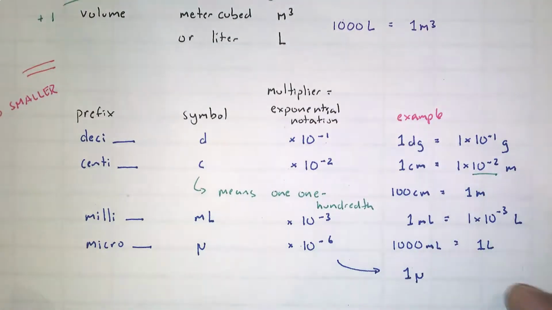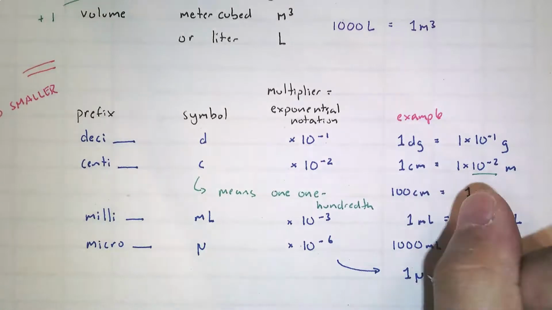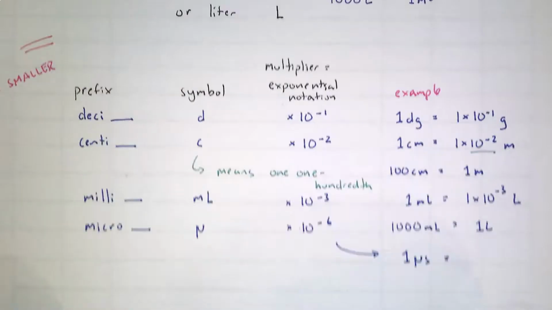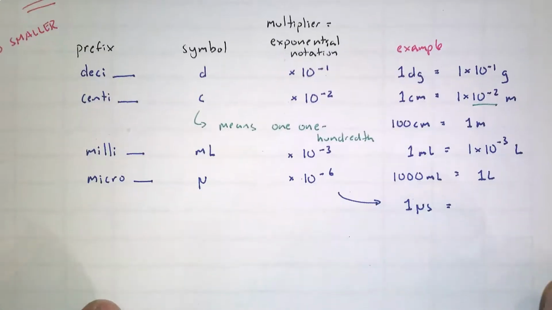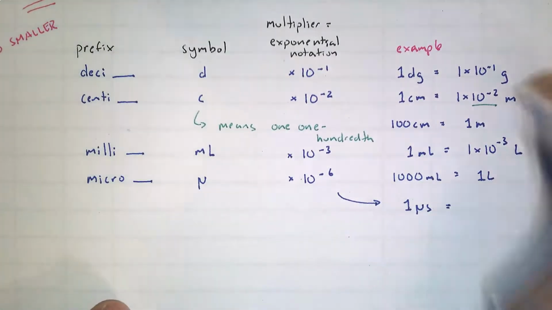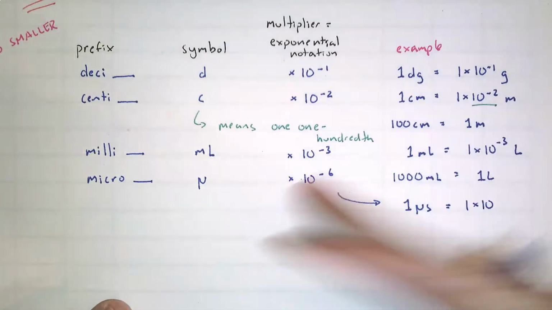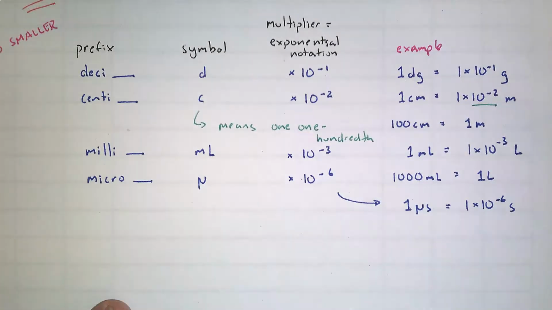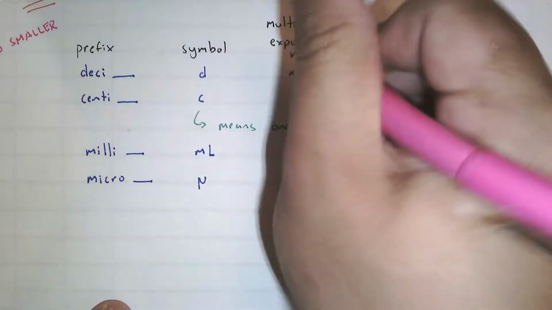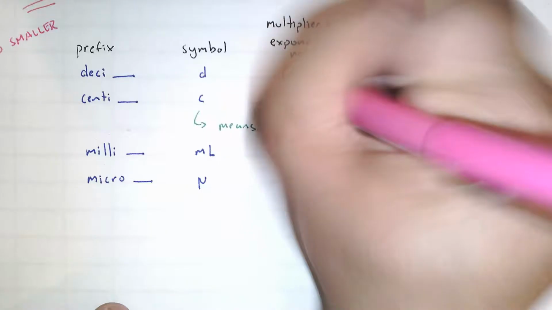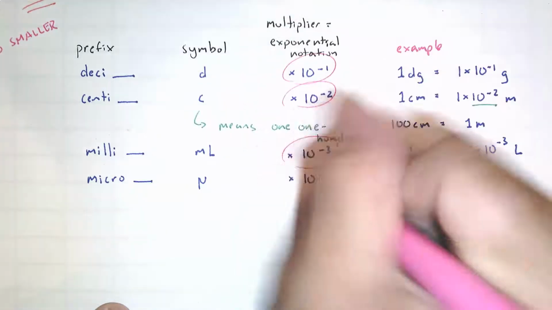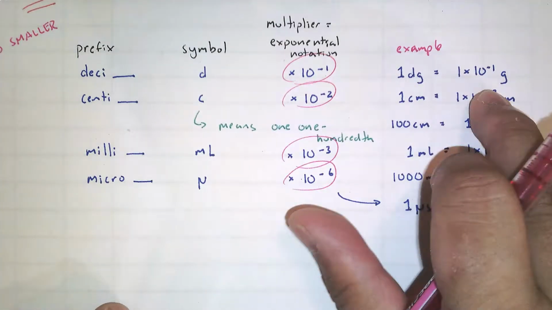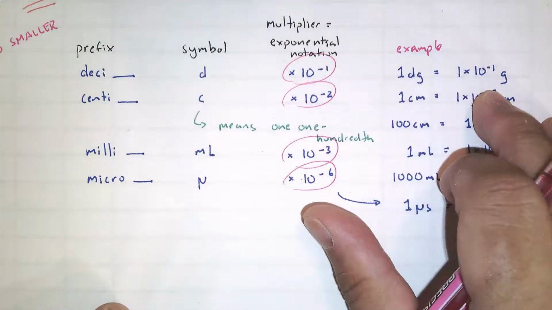What could we use? We haven't used seconds yet. Microseconds equals. So again, how would you apply the prefix multiplier? 1 times 10 to the minus 6 seconds. So let me circle some of these just to emphasize how we use the multiplier. You're going to use it to get the number of base units.